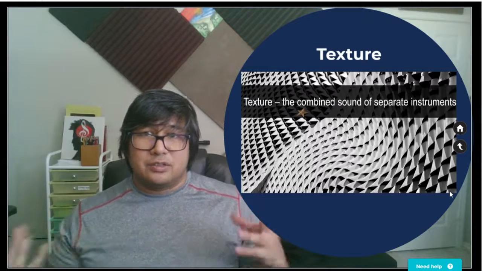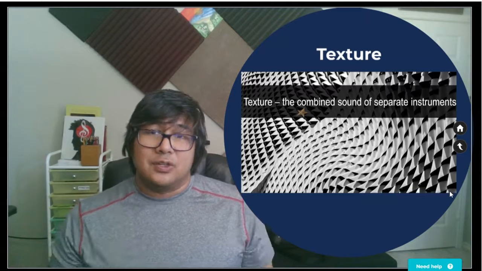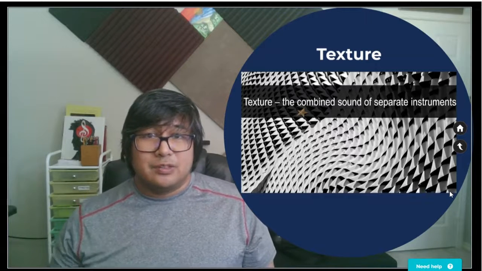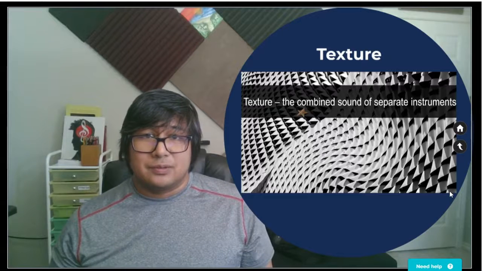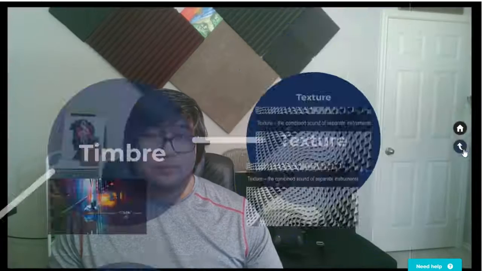All different kinds of instrument families put together to make that dum-dum sound that you hear. So we'll hear some of that sound design when we do the quiz. So speaking of quiz, let's check that out.